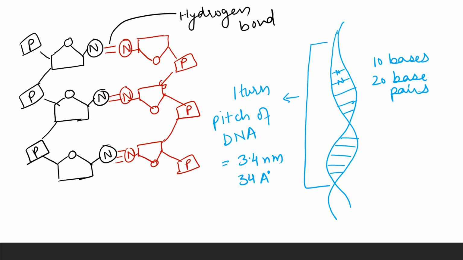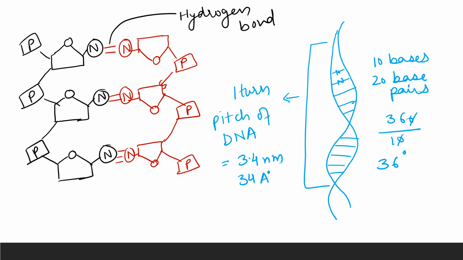And in this whole turn, the angle is 360 degrees. So 360 divided by 10, what do we get? That is 36. So the angle between two base pairs is 36 degrees. So this is what you need to remember regarding the double helix structure.